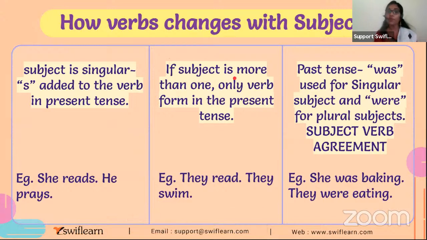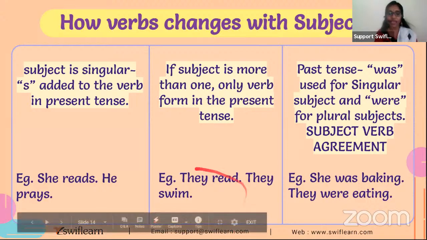If the subject is more than one, only the verb form in the present tense. So whenever we have two or more than two in the subject, what do we do? Any idea? What we do is we don't add any s to the verb. So only the verb will be present in present tense.